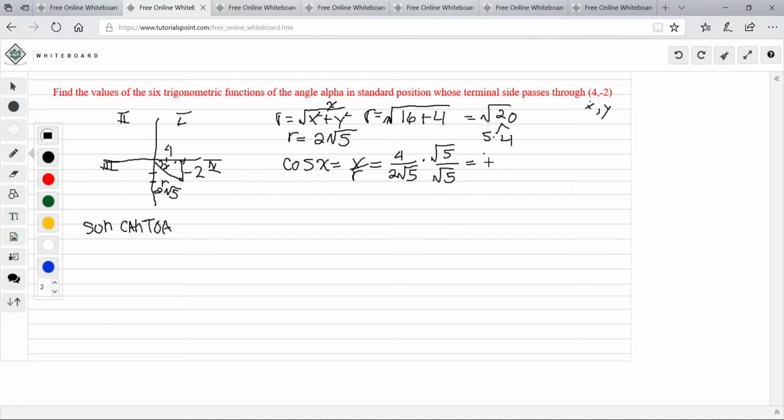You're left with 4 square root of 5 over 10, since square root of 5 times square root of 5 is 5, times 2 is 10. That simplifies into 2 root 5 over 5.